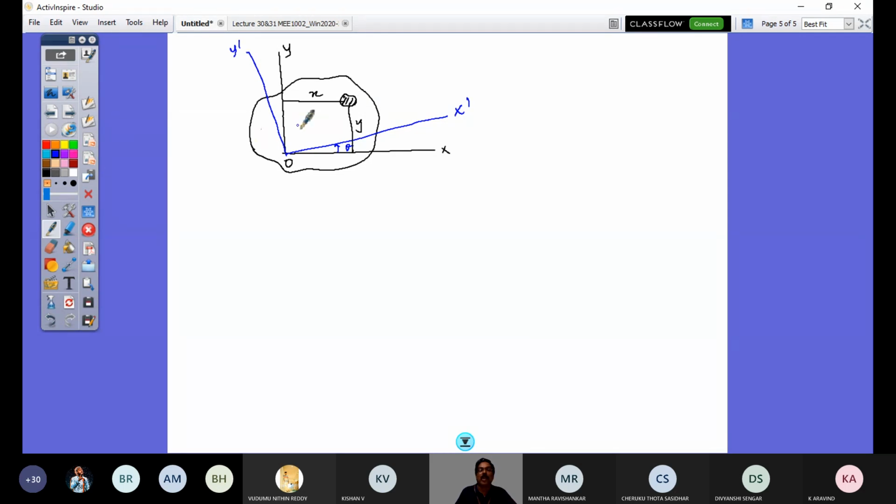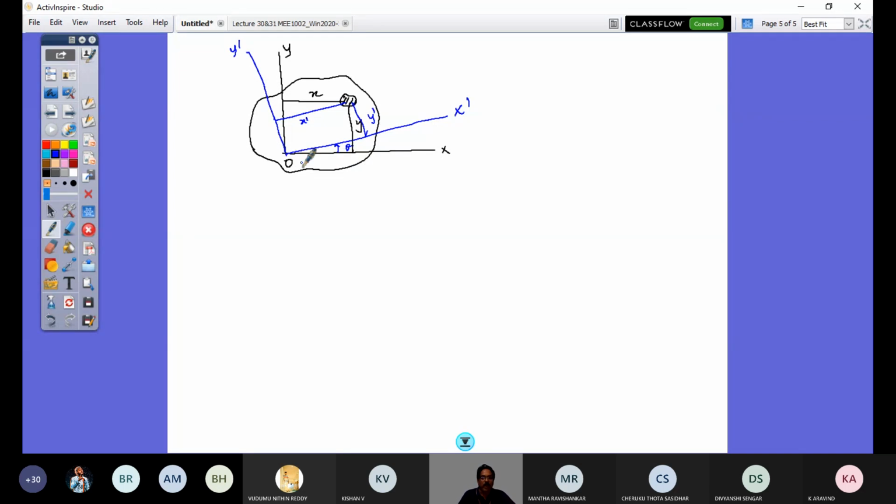From here I draw a line parallel to the x' axis, and that's going to be my x'. And from here I draw a line parallel to the y' axis, and that would be my y'. So x'y' are with respect to the tilted axis set, and the x, y coordinates are with respect to the horizontal and vertical axis set.